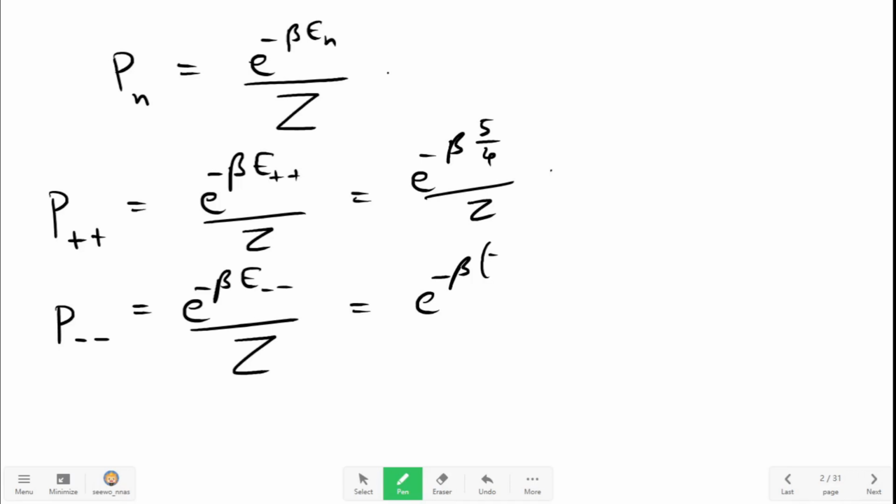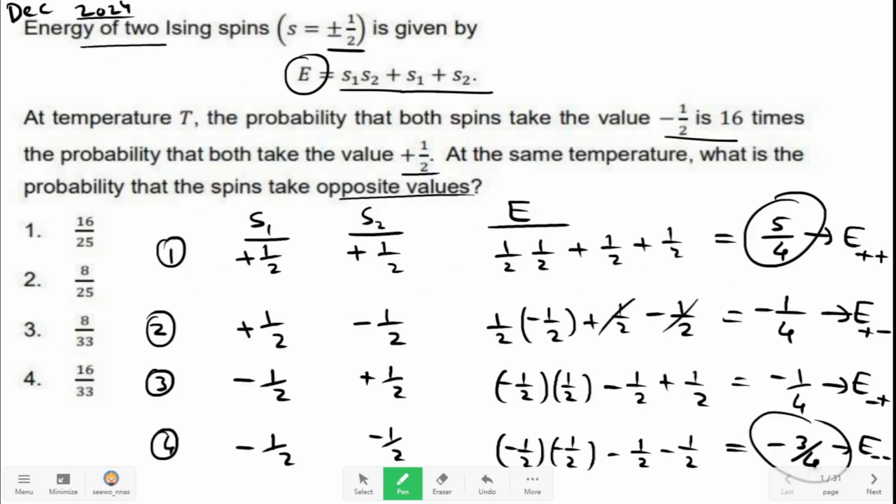So this is e raised to 3 by 4 beta divided by Z. Now we are given in the question that the probability that both spins take the value minus 1 by 2 is 16 times the probability that both take the value plus 1 by 2.